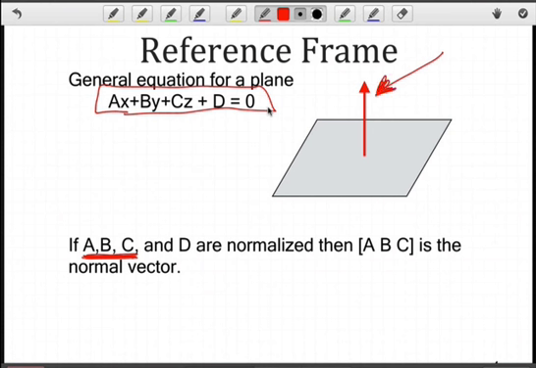In other words, it tells you how the plane is oriented in space. D is going to tell us something about the location of the plane with respect to the origin. So I have the orientation of the plane and I have the location with respect to the origin. Of course, if they're normalized such that this is a unit vector, then we think of ABC as being the unit normal vector.